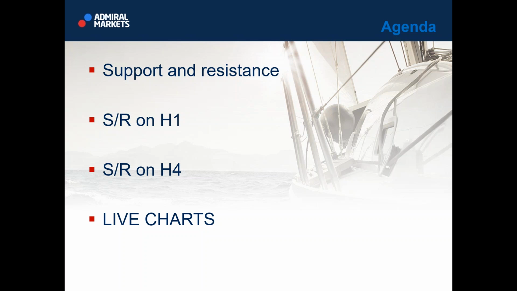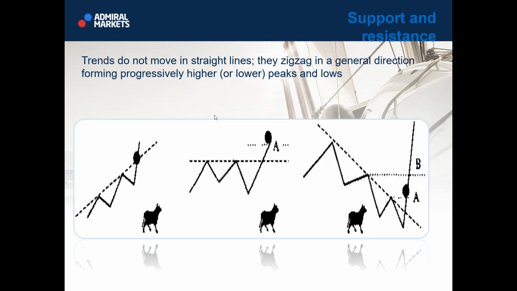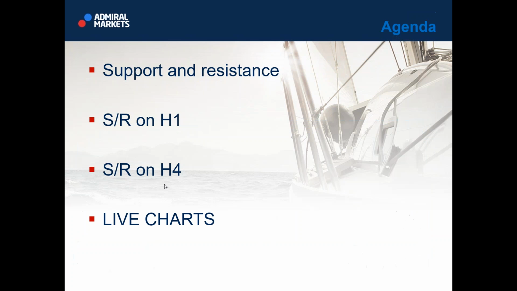That will be a good showcase to show you how sometimes support or resistance does not hold, okay? And why it's important to analyze, as Chris said, support and resistance. So today we will talk about exactly support and resistance, 1 hour, 4 hour, and then of course I will be showing you live charts, okay?